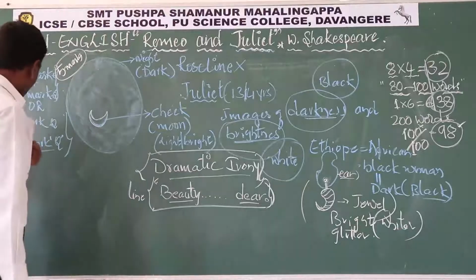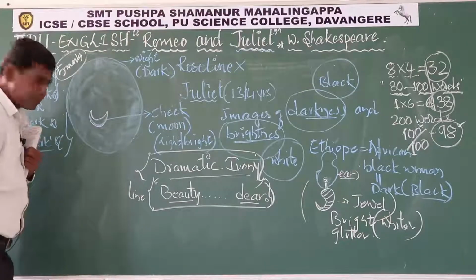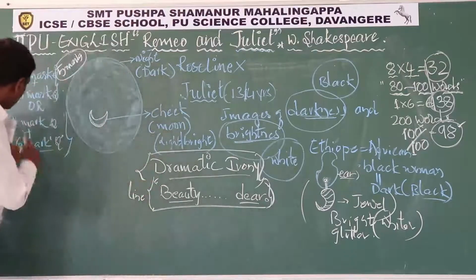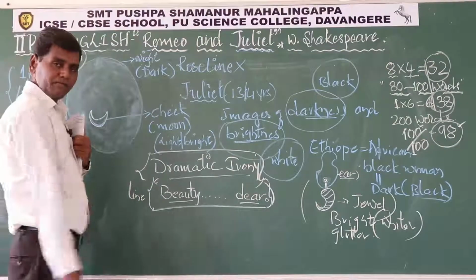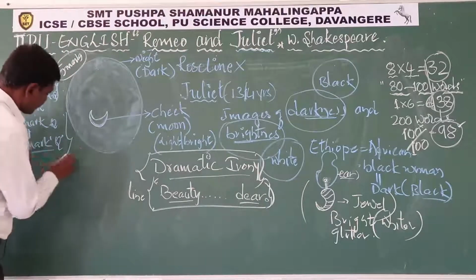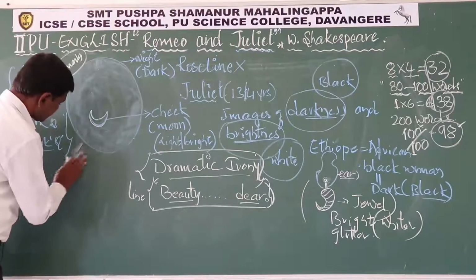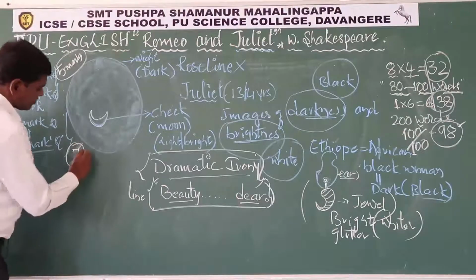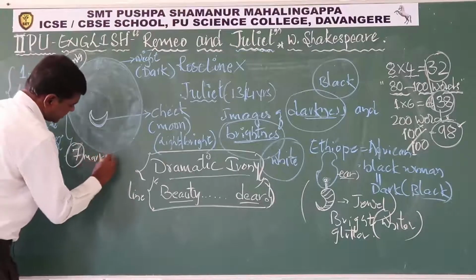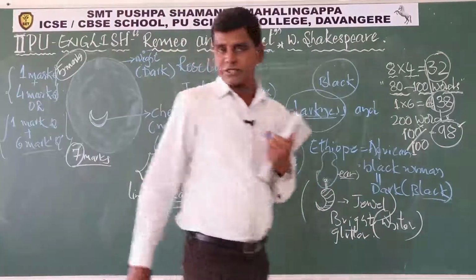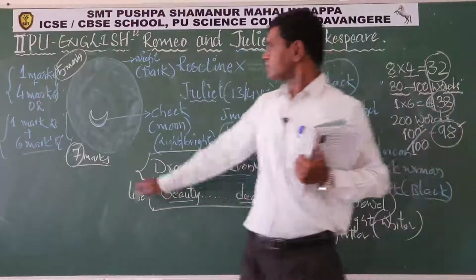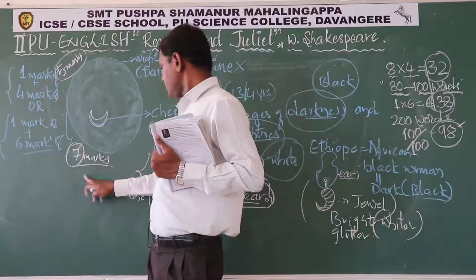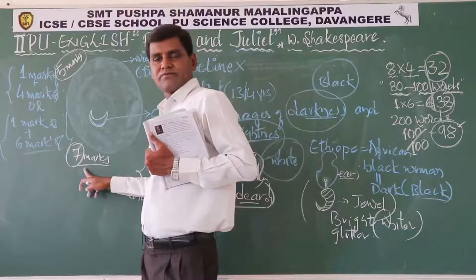Or you may have this distribution: sometimes you may get a 1 mark question plus a 6 mark question, so 7 marks. So the possible distribution of marks on this poem is 5 marks or 7 marks.